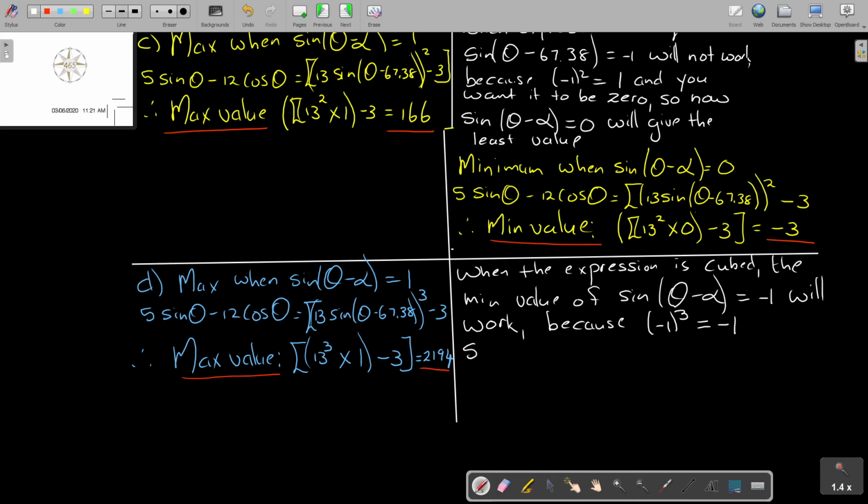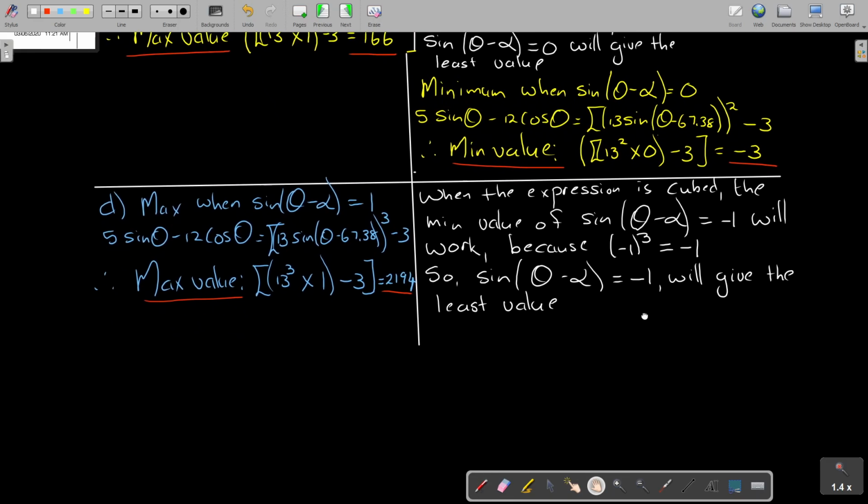So sin theta minus the acute angle is negative 1, will give the least value.